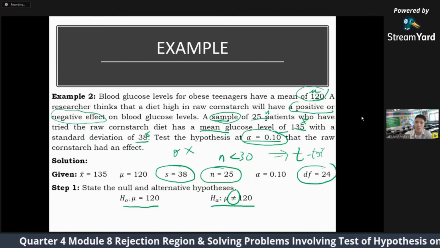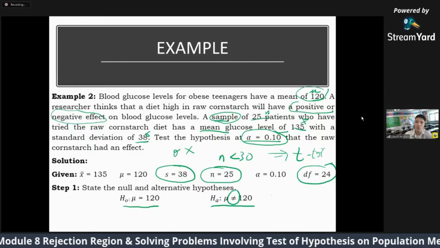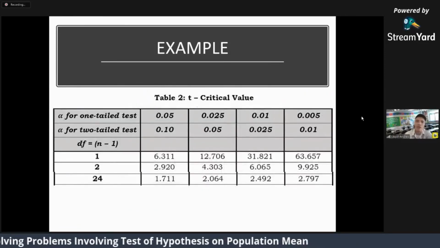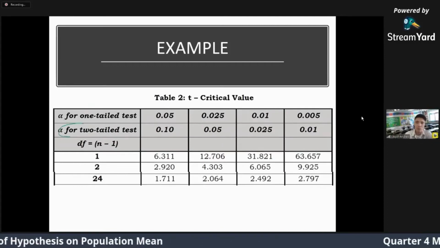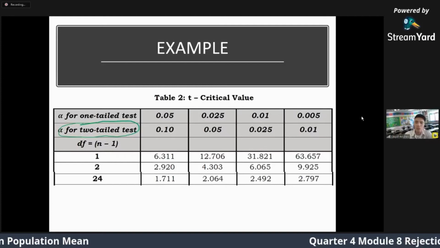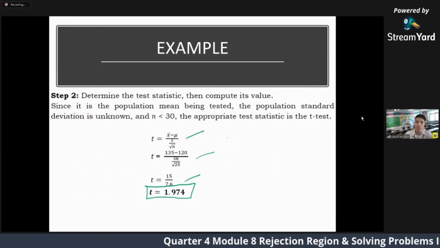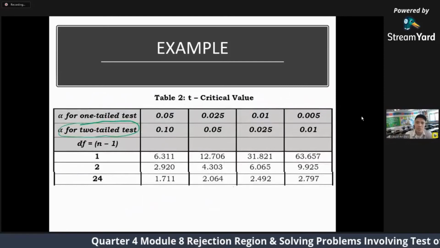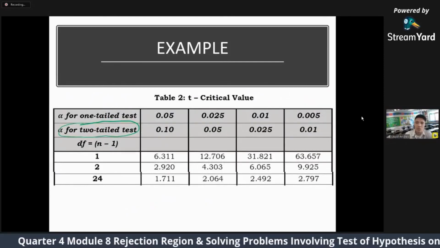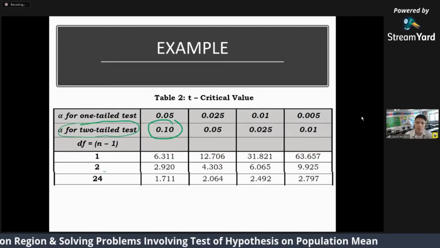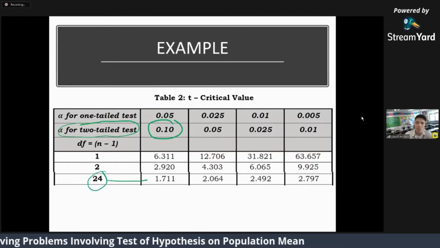0.1, 24, two-tailed test. So, using the T-critical value table, two-tailed tan-awon, tapos 0.1. So, kani. Then, naa ra, 0.1. Then, 24 ta sa degree of freedom. Intersection nila is kana.